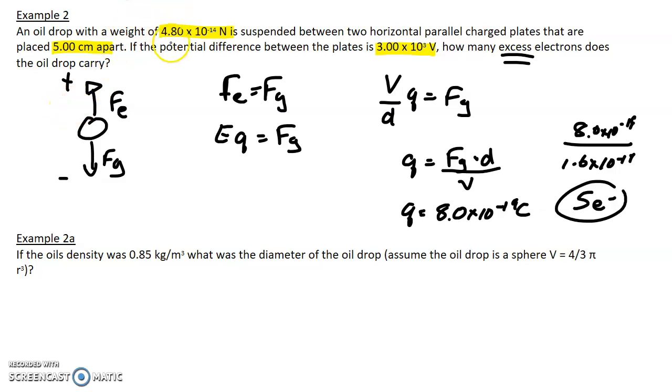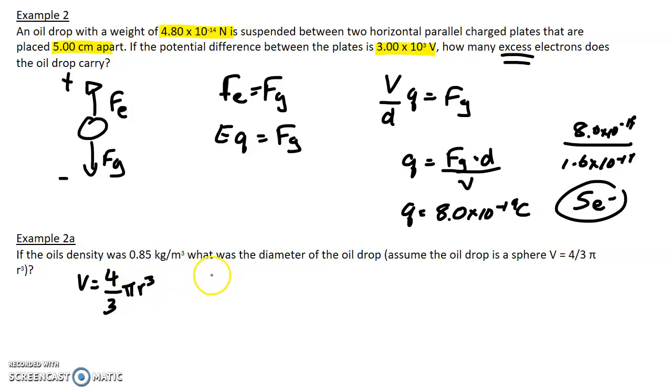Now, in order to find that weight, that is a force due to gravity, what we're going to need to do is figure out, in example 2a, what was the diameter, basically opposite of what Millikan would have done. Now, given the fact that the volume is 4/3 pi r cubed, we're essentially going to need to find the mass and then use the density formula to find the volume, and then plug it into here to find the radius.